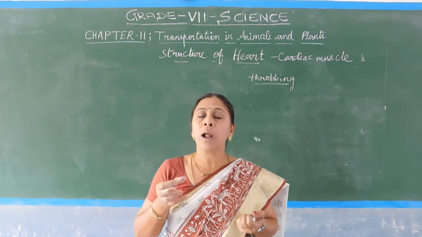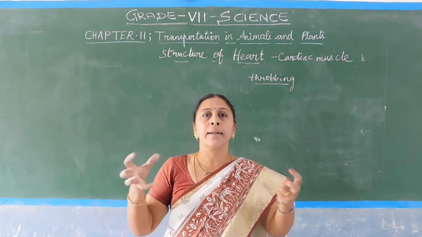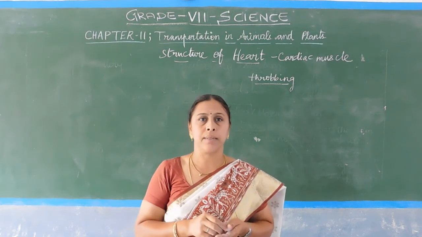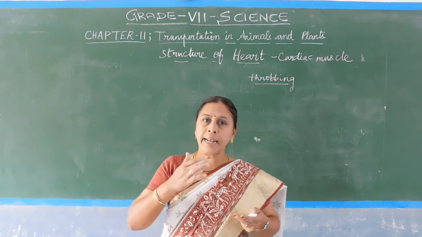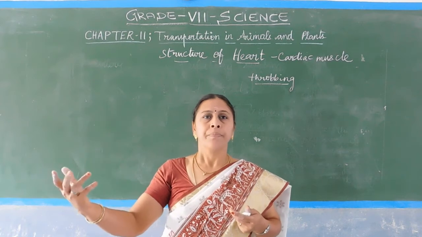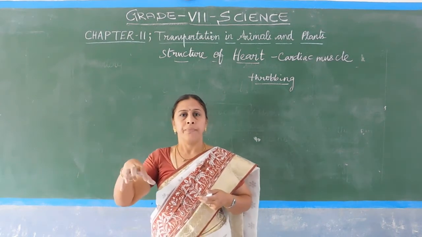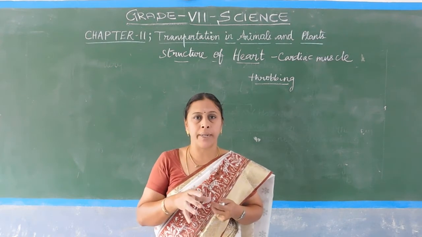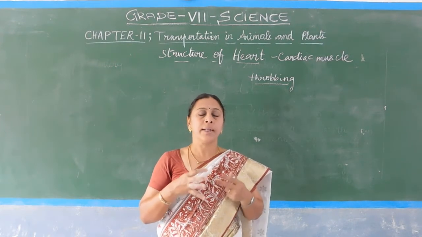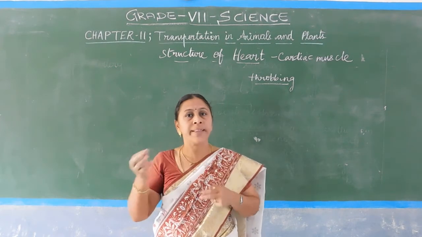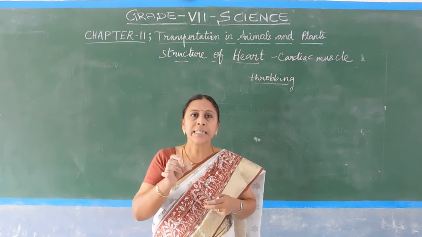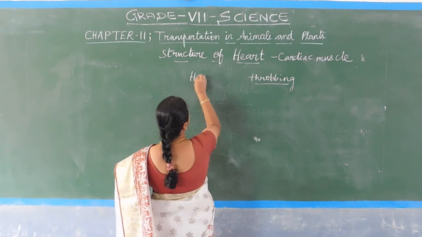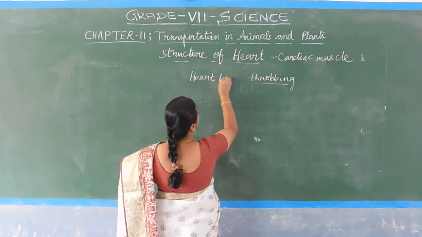The heart will always contract and relax rhythmically, that means at regular intervals. It will not get delayed or speed up. At regular intervals, the movement will be the same. That is called rhythmic movement. With a throbbing sound, that is a strong sound with rhythmic movement, that is called heartbeat. What we are hearing is the heartbeat.